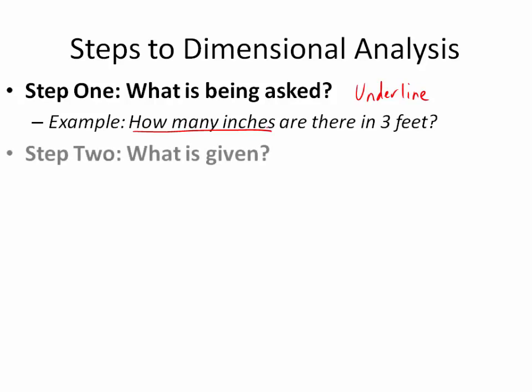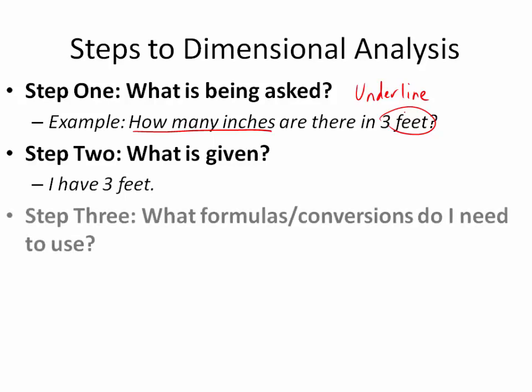Step 2, what is given? For every problem you have to be given some essential information. What were you given in this example? You were given the fact that there are 3 feet. I have 3 feet. Step 3, what formulas or conversions am I going to need to use? Can you think of a really important conversion factor here?